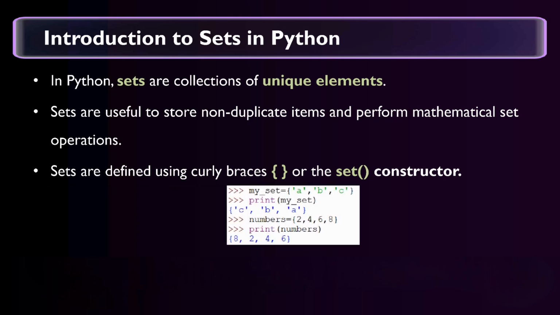An example is shown here. Here two sets are defined. My set contains character elements A, B, and C, and the set numbers contains numeric elements 2, 4, 6, and 8.